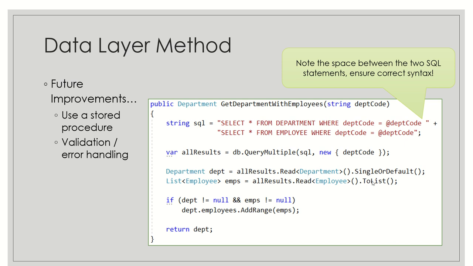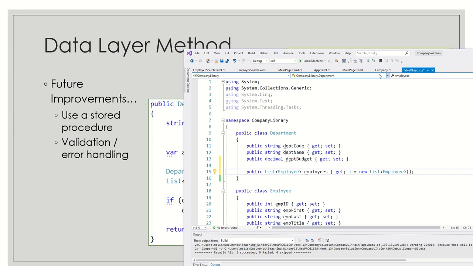Then we read the rest of the results as a list and store that as a list of employees. Then, assuming both items worked correctly, we take that list of employees and add it to the employee list as part of the department. So let's drop this code into our project.